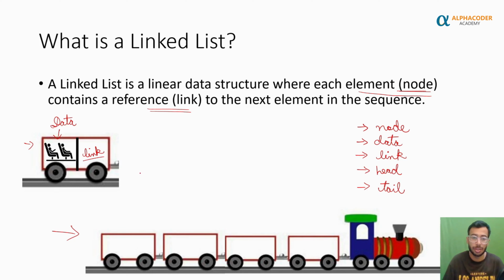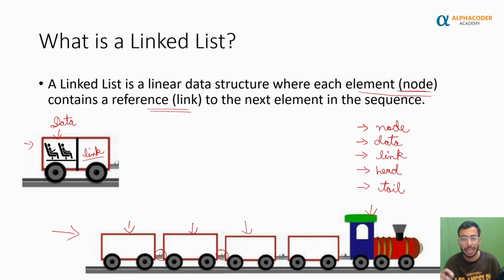Why? Because we want our compartment to be connected to the next compartment, so that the train is complete and will run together. So you can see here, this compartment is linked with this compartment, and so on till the main engine.